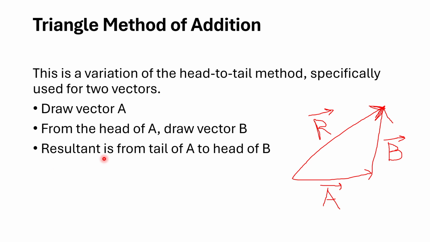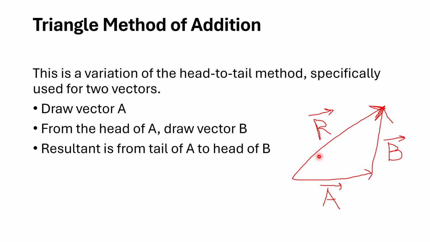Because it will be applied on two vectors, for finding the result of the two vectors. And if we are using two vectors A and B, it will also give us a triangle at the end.